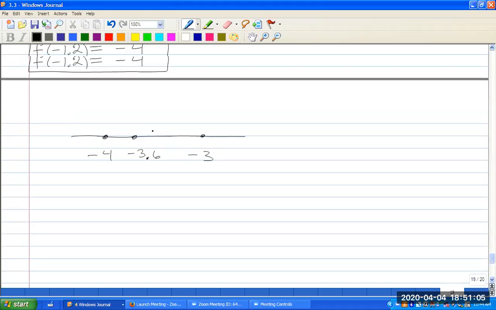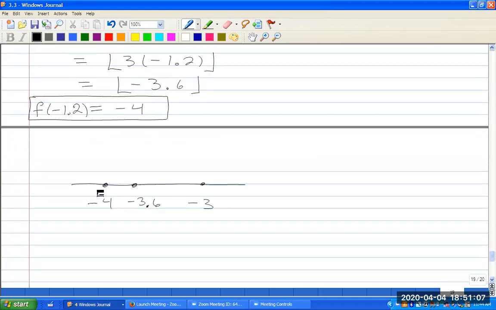I want to find the greatest integer that's smaller than or equal to negative 3.6. Well, the biggest integer that's less than or equal to negative 3.6 is negative 4.